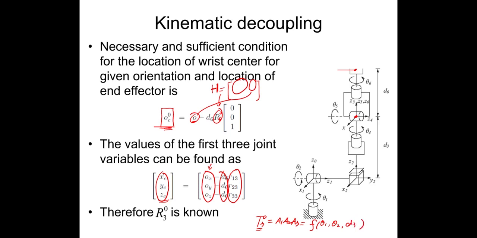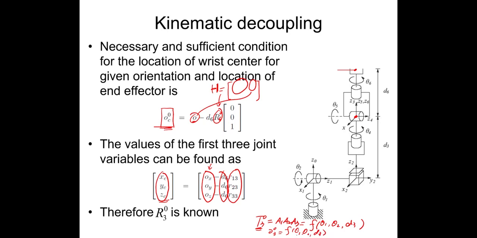And now we already know these three coordinates, which means we know the vector of this T30, and we can do the decoupling, from the O30 that is also a function of theta 1, theta 2, and D3. Then we can quickly find out the three variables.